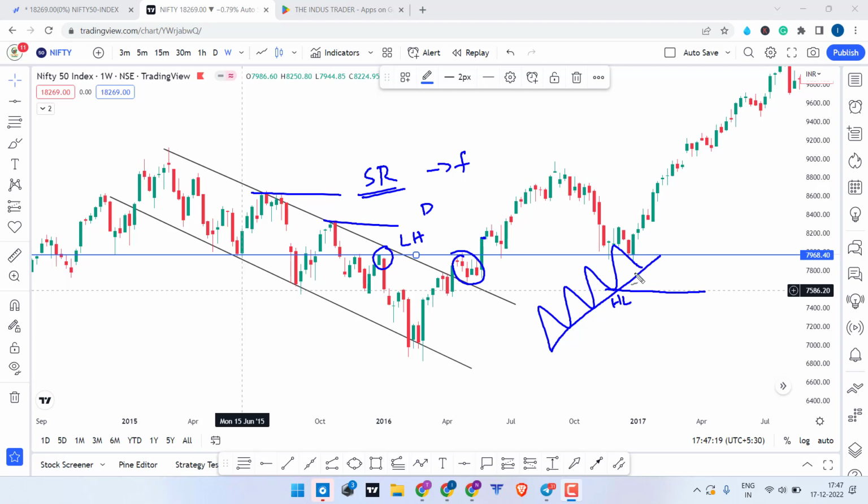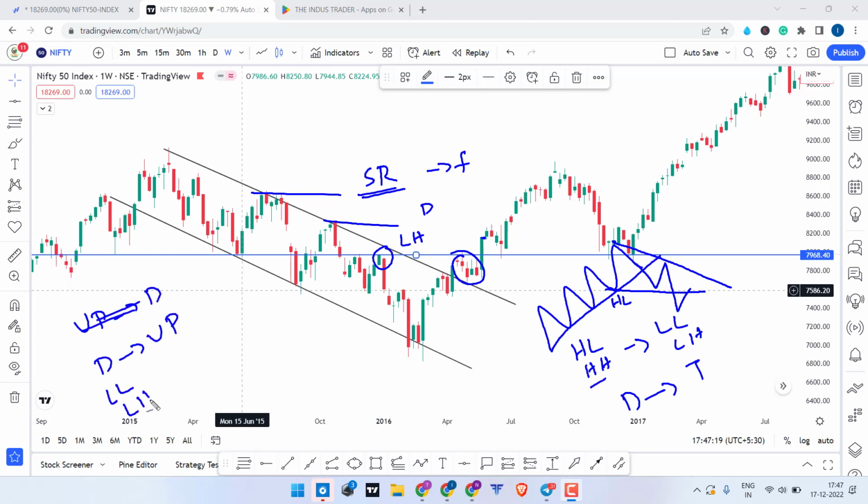It should break this higher low and make a new formation, changing from higher high, higher low to lower low, lower high when it changes from uptrend to downtrend. And when changing from downtrend to uptrend, it will change from lower lows, lower highs to a higher lows, higher highs formation.